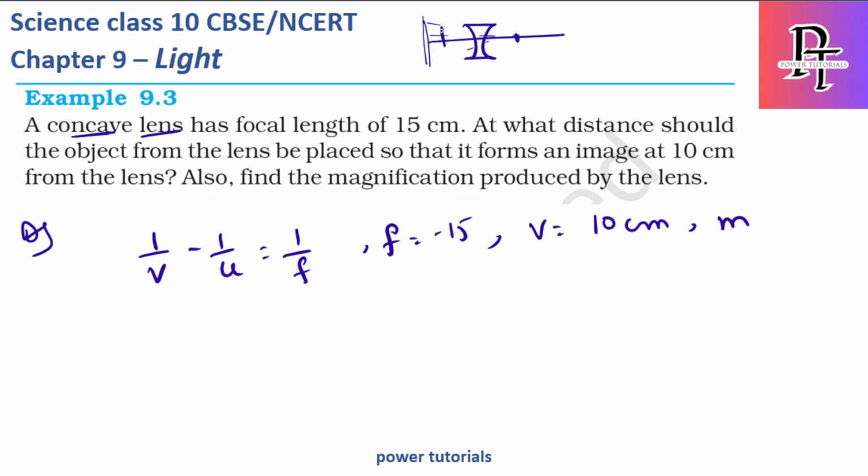If you place it somewhere here also, the image is formed on the left side, so v is always negative. It will form at this point or this point, between f1 and O, or at f1. Hence the v value is always negative.